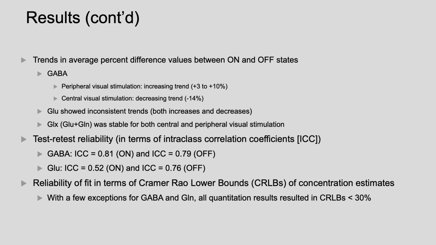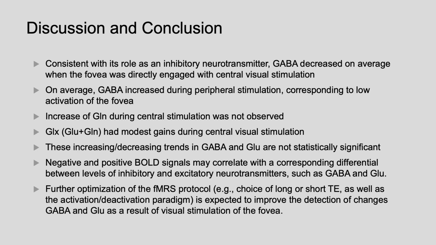More optimization of the sequence is needed to be able to more reliably detect and measure these changes in both GABA and glutamate. Overall, the increasing or decreasing trends in GABA and glutamate are not statistically significant.